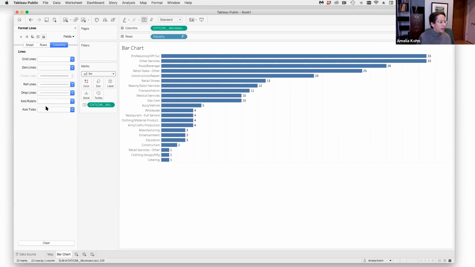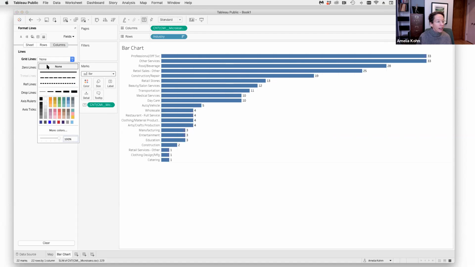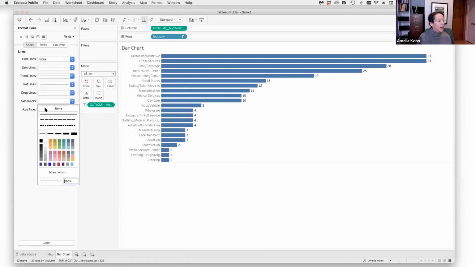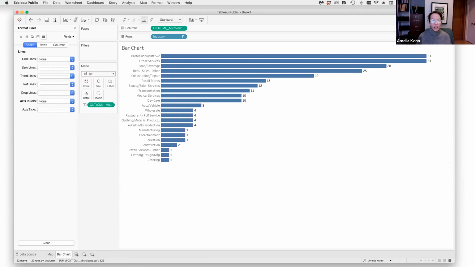I'm going to go up here where it says grid lines and just say none. I don't want any of those. But I still have this x-axis line that I want to get rid of. So I'm going to go back to sheet. Actually, Tableau calls these zero lines. And I go, oh no, I think, no, axis ruler is what it calls it. And I'm going to change that to none to get rid of that. So I just have a cleaner looking chart that way.